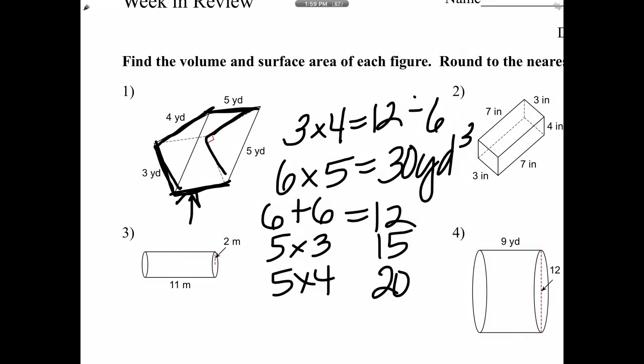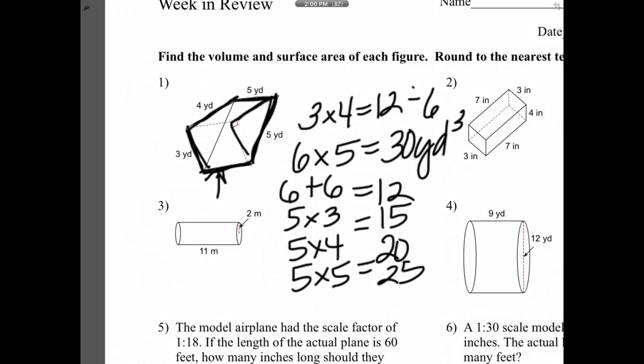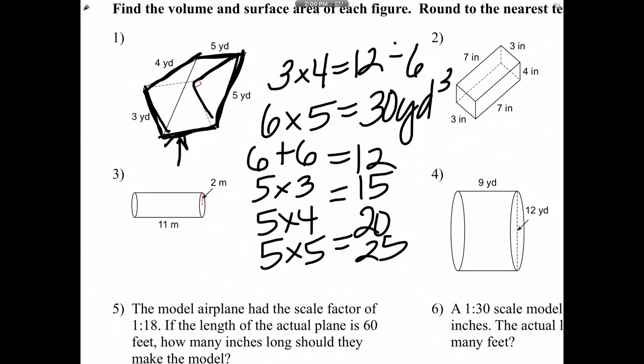And then the front side is going to be 5 times 5. And when I say the front, I'm imagining it's sitting a different direction, but however you say it, we need to just add those all together.